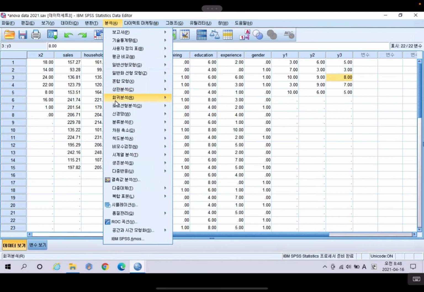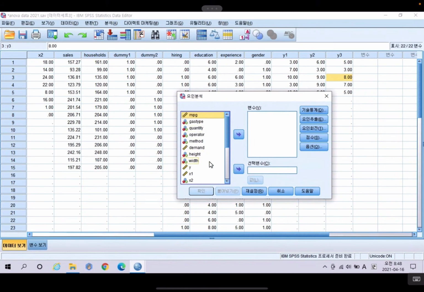In this case, you choose dimension reduction, right? And you take the factor analysis, right? And you move your variables to the right.